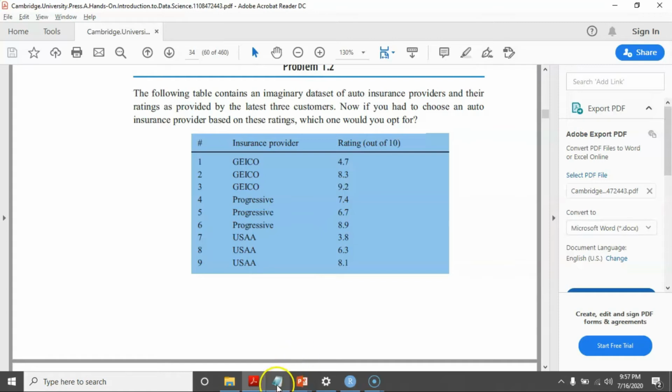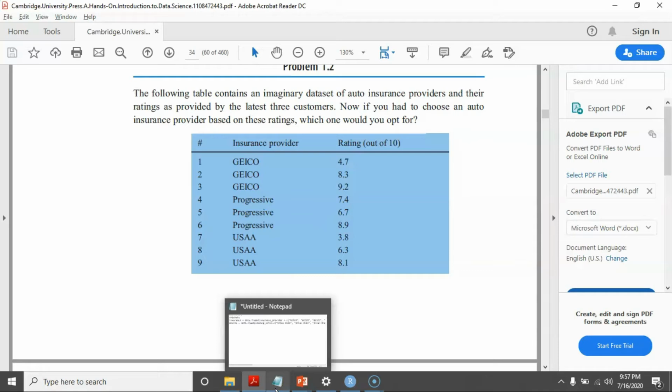So let's move to my notepad. As you are aware, we will be using a data frame to feed this data into our environment. And remember, this is not very difficult.